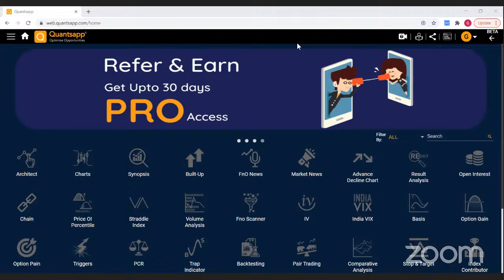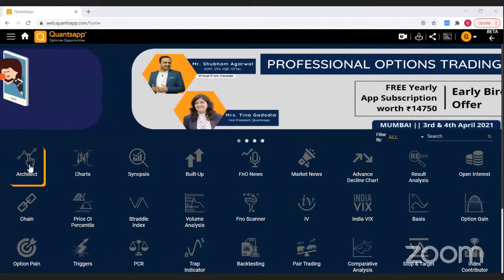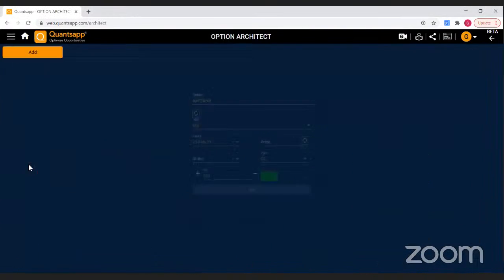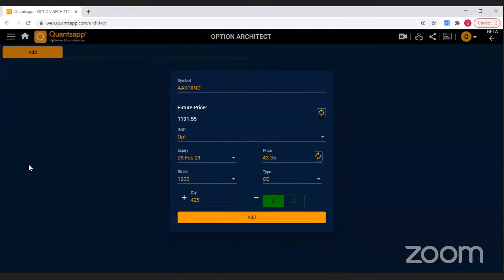So if we are making a long strategy and I want to see how the IV will impact, or how the days to maturity, as we are getting close to maturity, will impact the strategy. There are lots and lots of factors present in options.